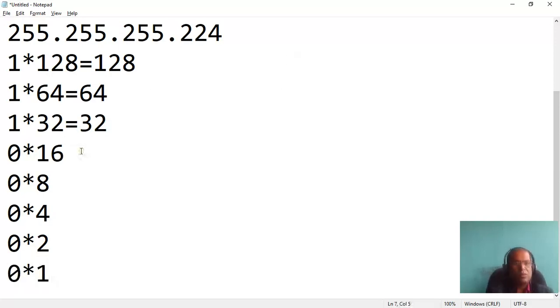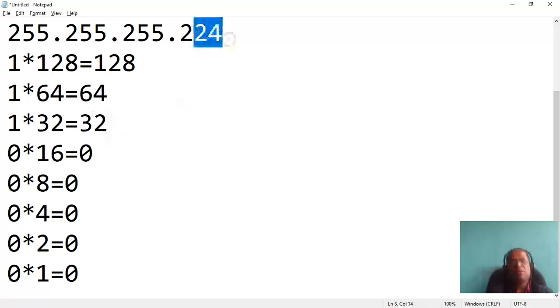So starting from here, everything is 0. Now the addition of these three numbers, 128 plus 64 plus 32, equals 224. So the 224 has come that way.